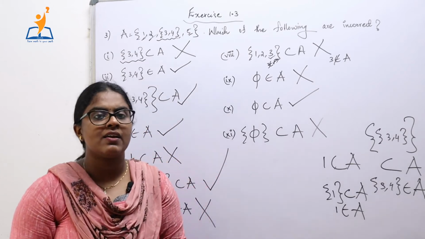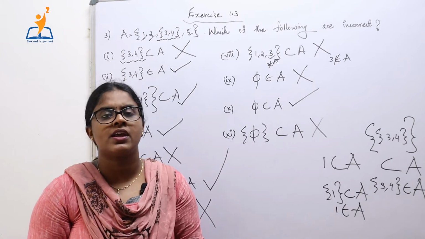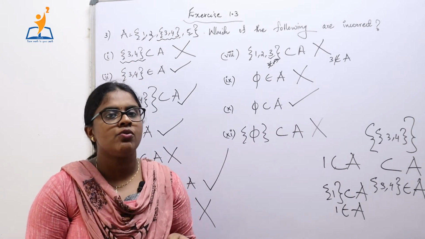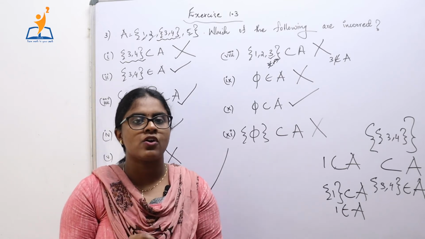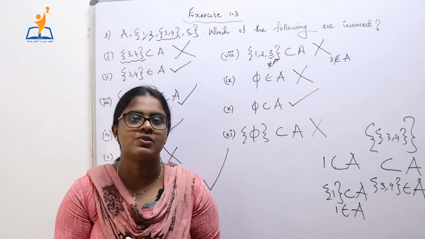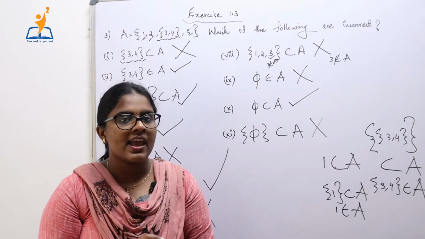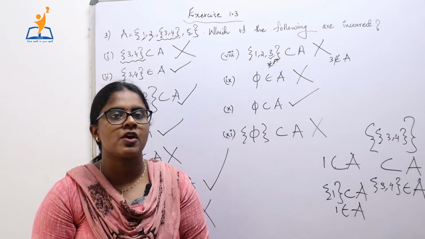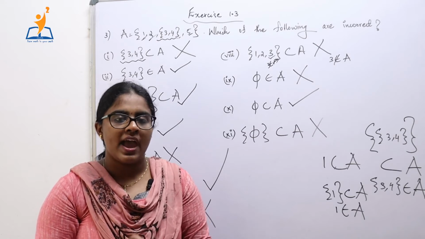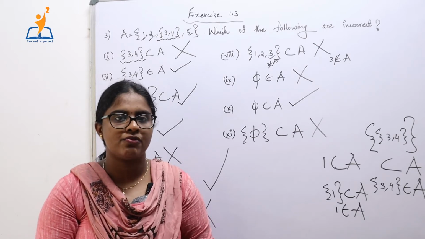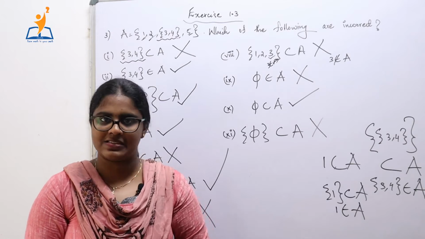This particular question is very important from the viewpoint of the exams, and if you can solve or understand this question very well, I can understand that the concept of subset and element is very clear to you. And now we shall move to the fourth question of this exercise.